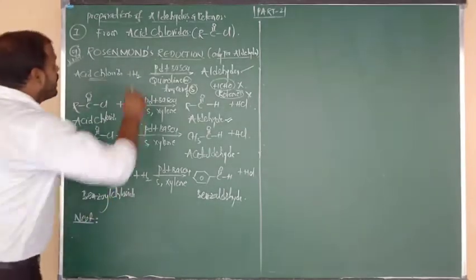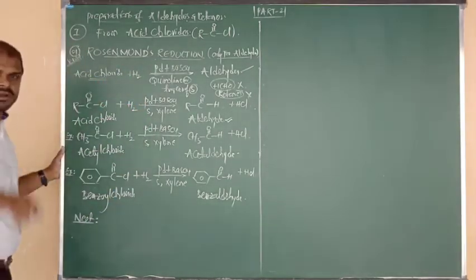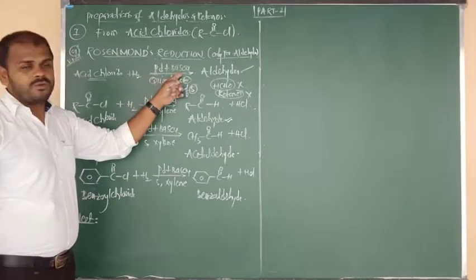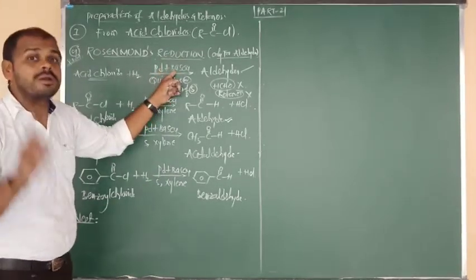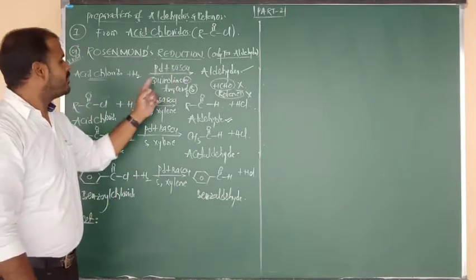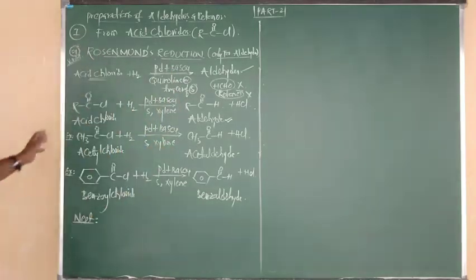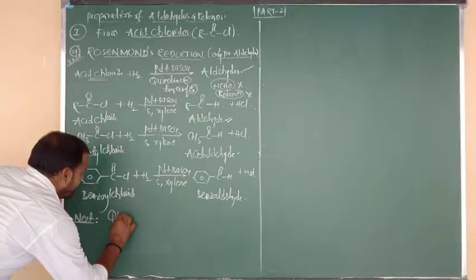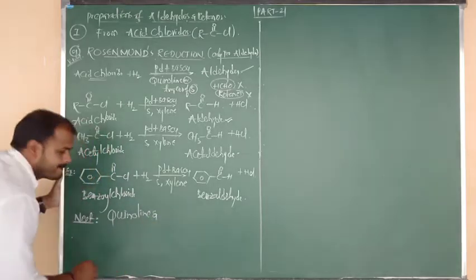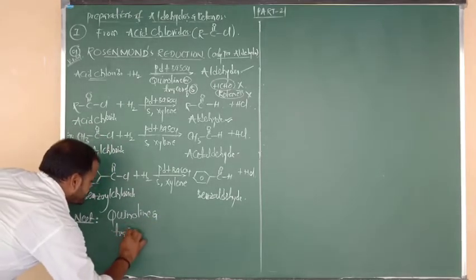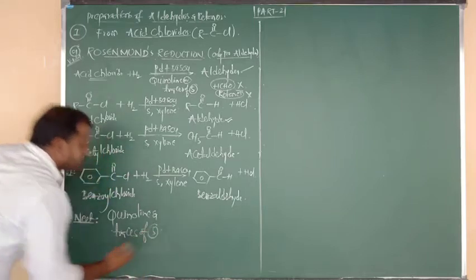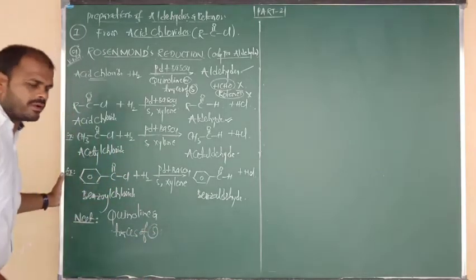So they will stop the reaction here only. Formation of aldehyde is the final step, due to only quinoline and traces of sulfur. They can ask you, in Rosenmund reduction, what is the Rosenmund reducing agent? Palladium plus barium sulfate. Its activity is decreased by what? Catalytic poison. What are the catalytic poisons? One is quinoline, and one more is traces of sulfur, meaning a small amount of sulfur powder.